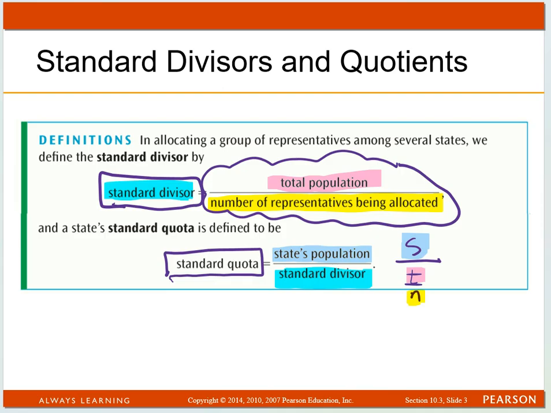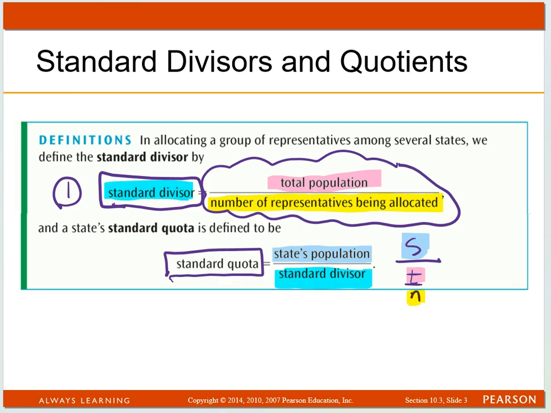So, in order to do the apportionments, the first thing they're going to ask you to find, this will be step 1, is the standard divisor. So you'll just take the total population and divide it by the number of representatives being allocated.